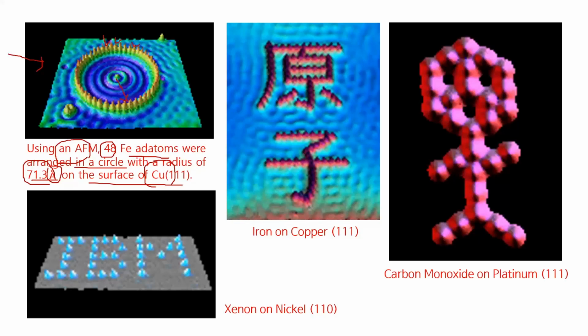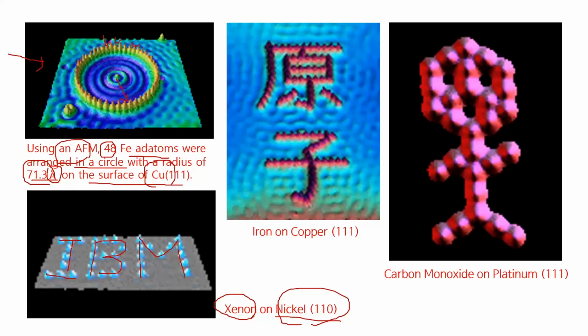This figure also shows xenon atoms arranged on the nickel surface. The letters IBM are made by xenon atoms on the nickel plate.